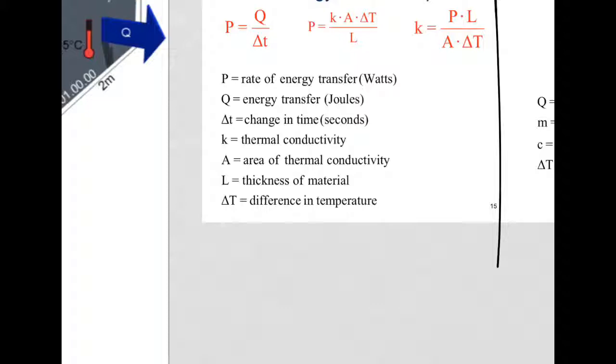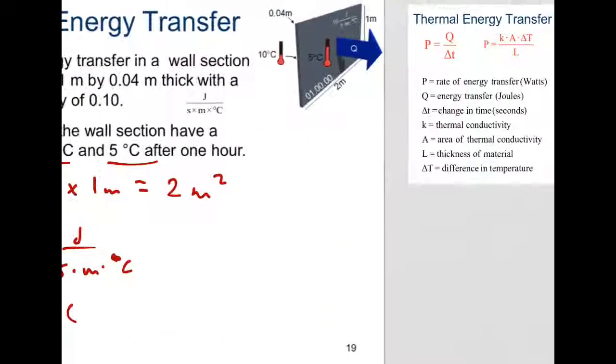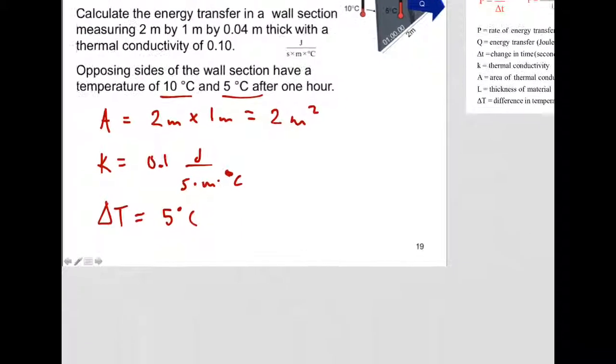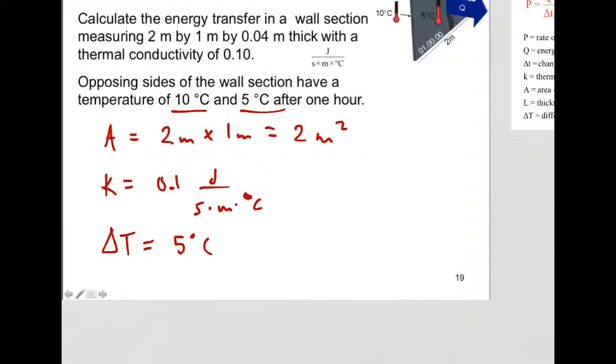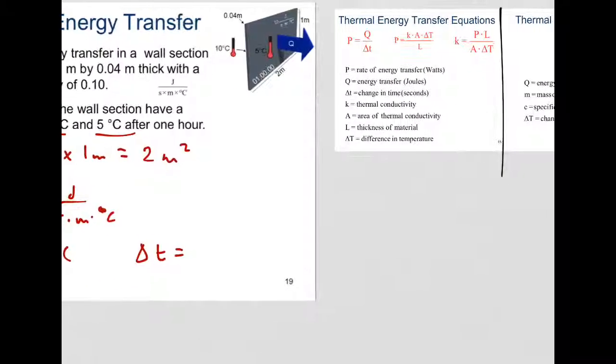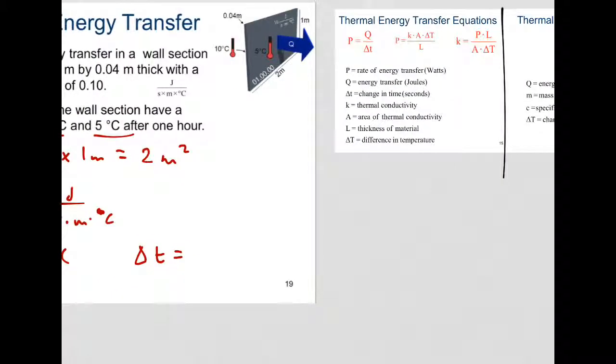Change in time. Oh, I do have the change in time, don't I? After 1 hour. So delta lowercase t, I think you have to do the change in seconds. So 1 hour is the same thing as 3,600 seconds.